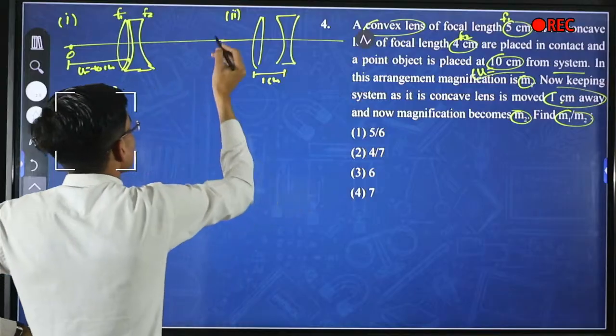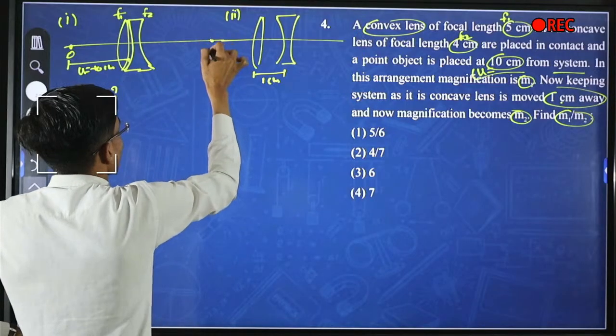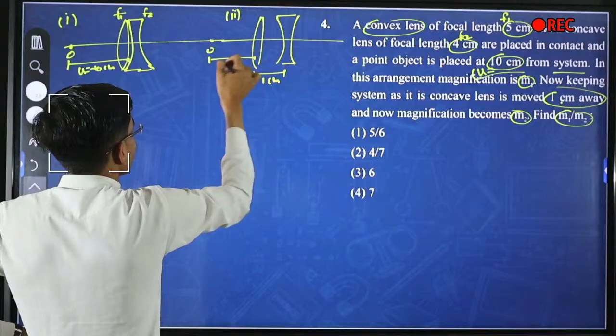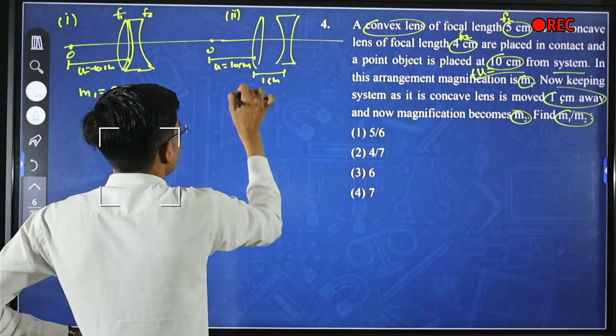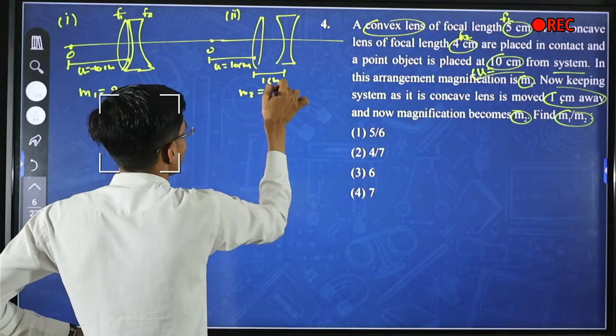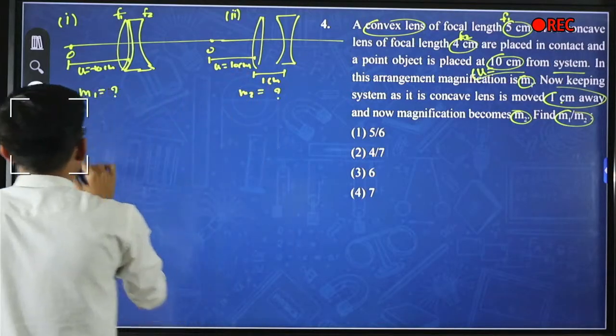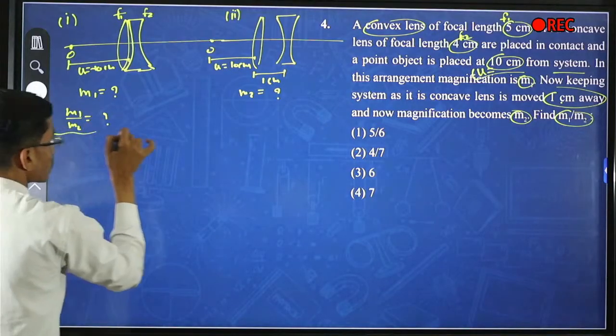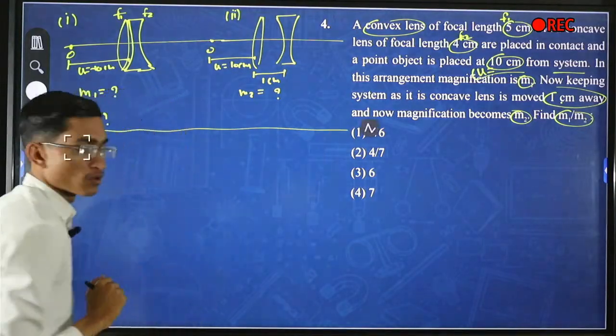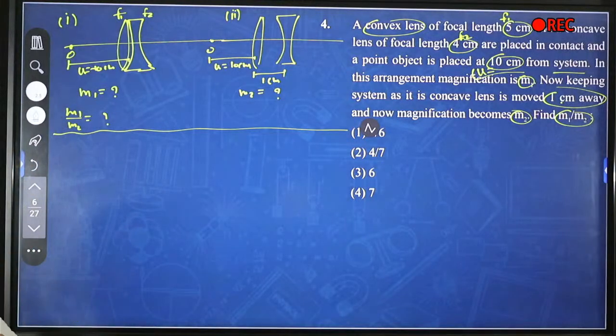From this configuration, object distance remains the same. Then magnification in the second case will become m2. So we have to find the ratio of m1 by m2. Hope you understand the question. Okay, now we will solve it step by step.